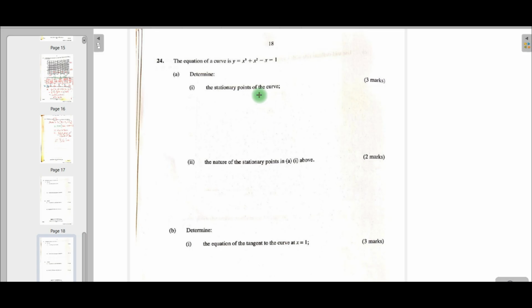At a stationary point, dy/dx, the derivative of the function, is 0. That is, the gradient function is 0.